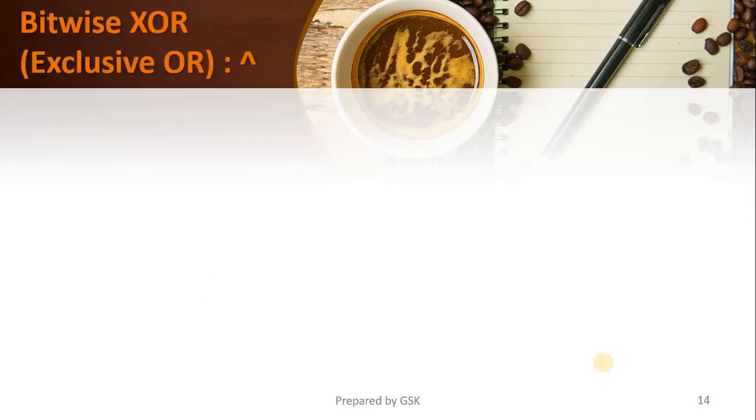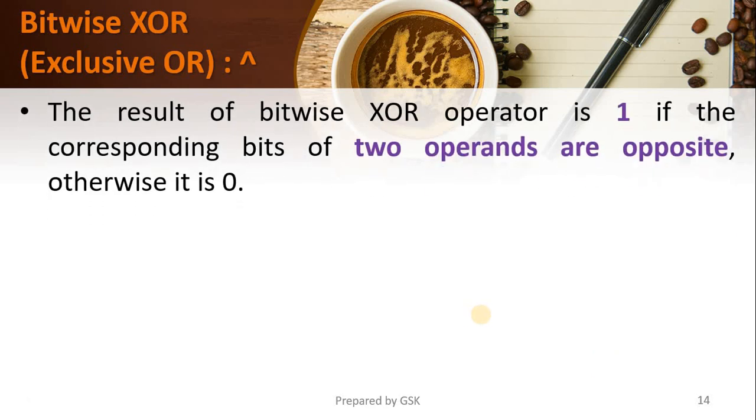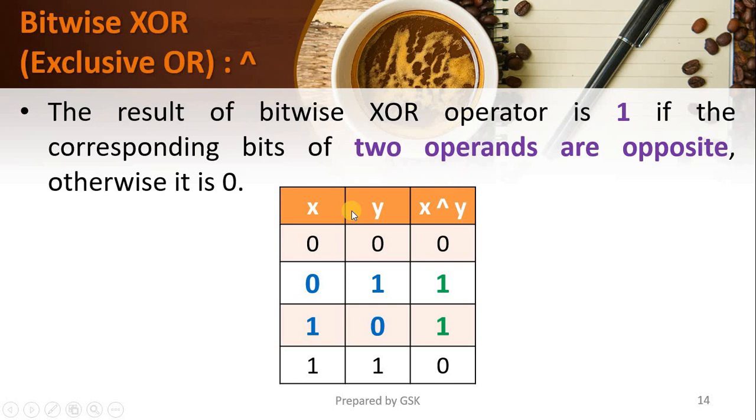Bitwise exclusive OR. The principle for the bitwise exclusive OR is, it returns 1 if the corresponding bits of two operands are opposite. In all other cases, it returns 0. See this truth table for the bitwise exclusive OR.